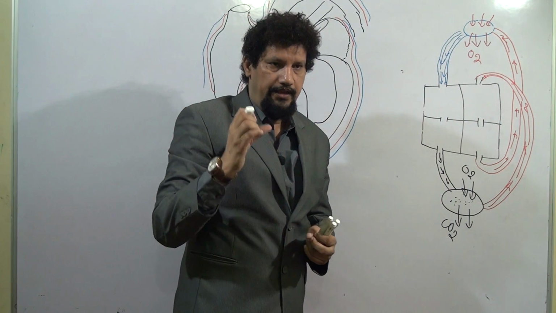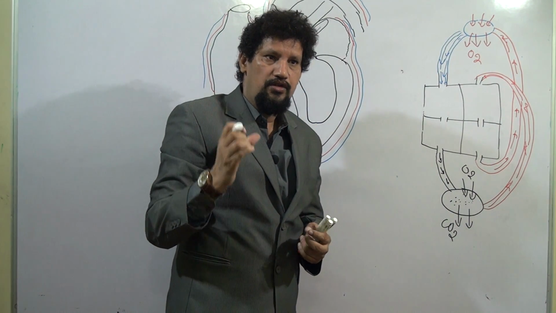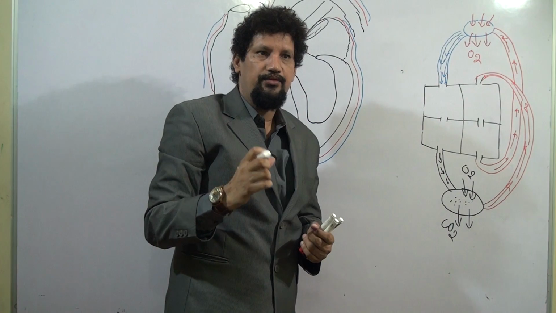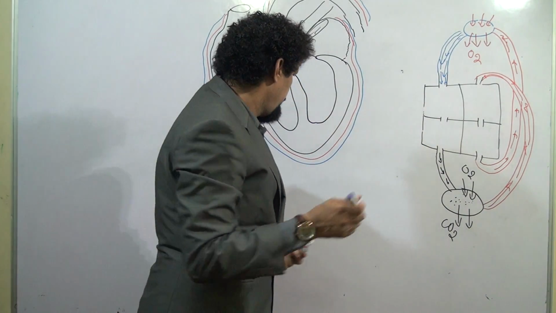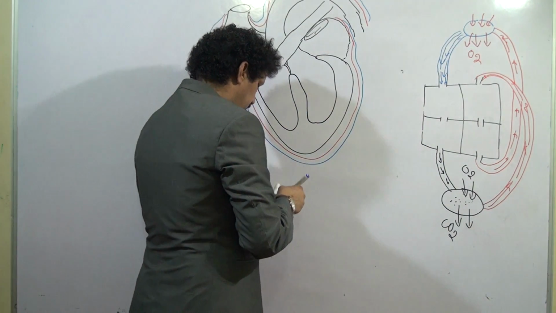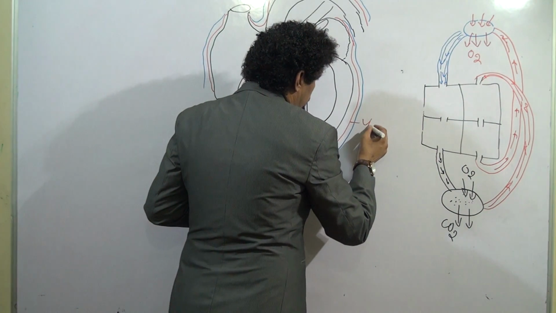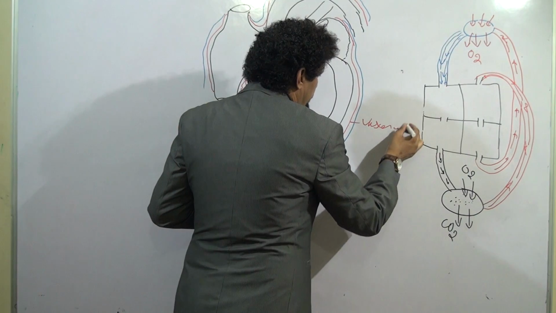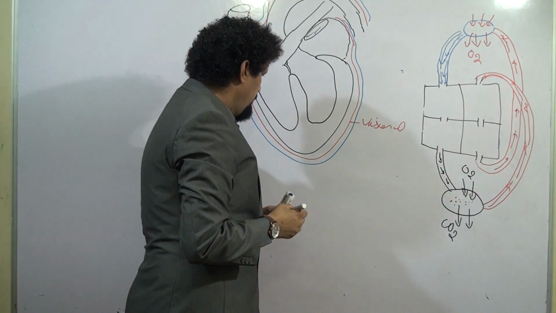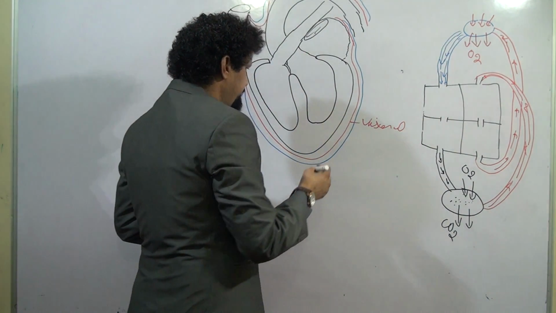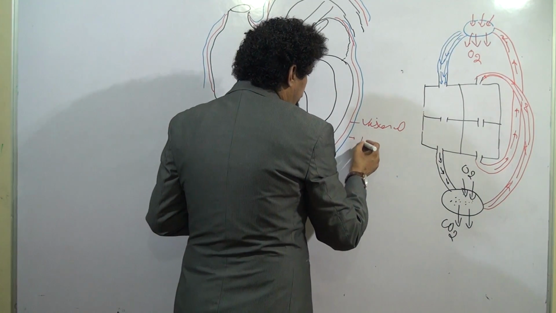The layer which is close to the heart and adherent to the heart is the visceral layer. So this is the visceral layer of pericardium, and this is the parietal layer.